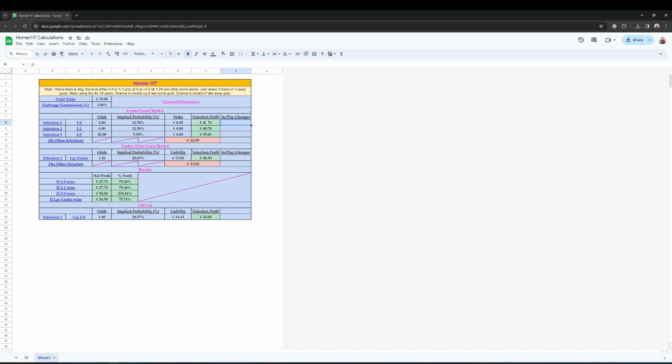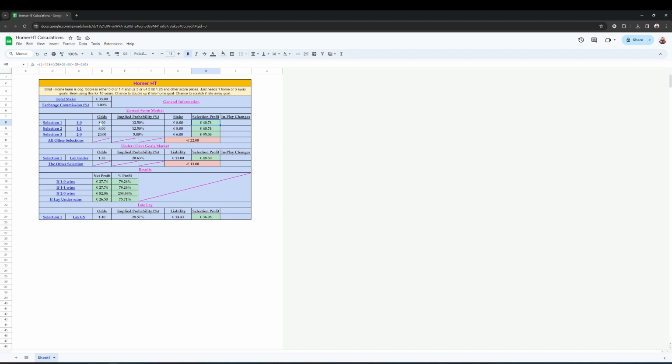So for example, let's say that, okay, to make calculations easier, let's say it is 1-0 and the odds, so it's pretty late in the game and the 1-0 odds dropped to 2 evens, yeah. What I could do is I could, let's say I want to use half of the green that I have on 1-0 and push it to the other score lines, because I have a really strong feeling and observation that another goal will come in.